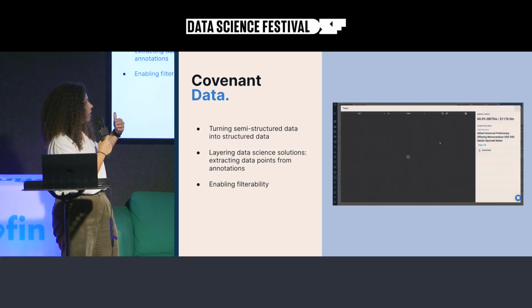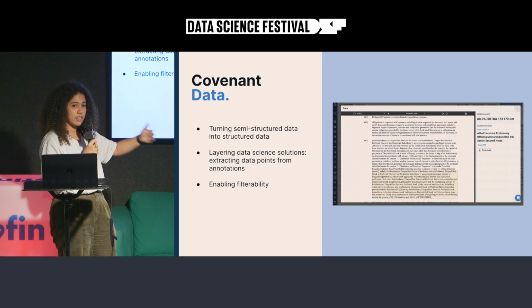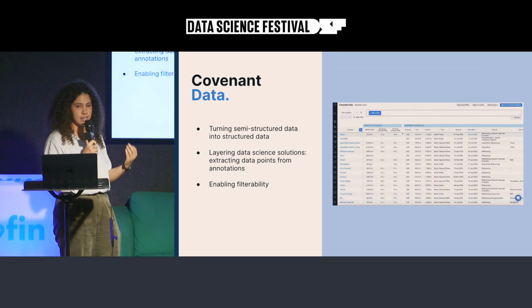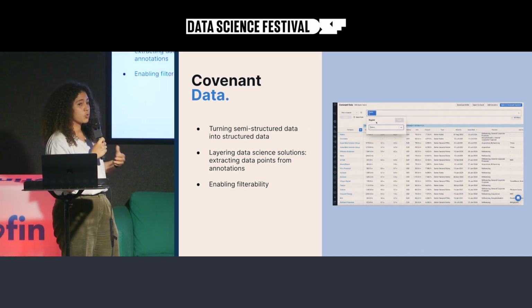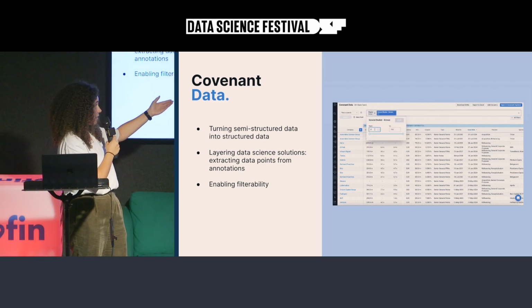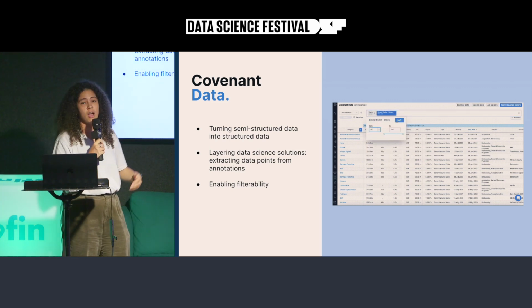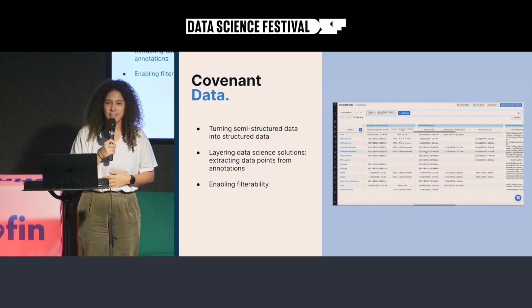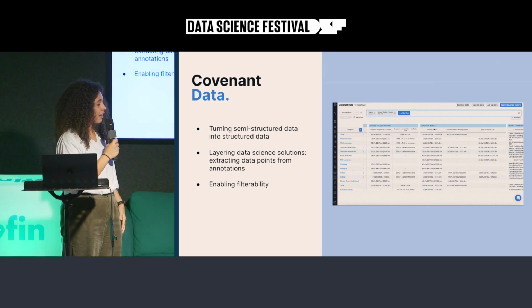So what we did is we have this vast repository of annotations, and we're using those annotations to extract data points. And to extract those data points, we're powering that with an LLM engine. And by doing that, we've been able to build a database, which you can see in the GIF here, which is fully filterable and sortable. And I will let Elliot explain further how the LLM engine works.